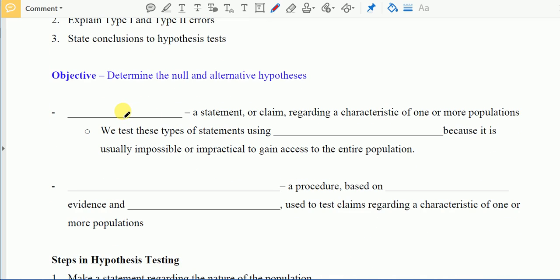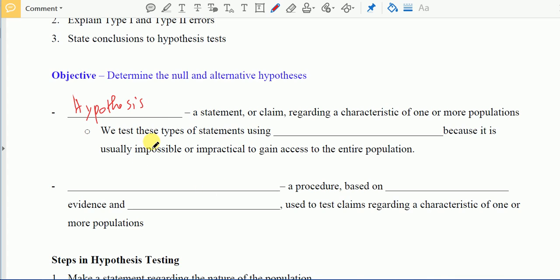The first thing is, what is the hypothesis? The hypothesis is a statement or a claim regarding a characteristic of one or more populations. This is the definition for the hypothesis.